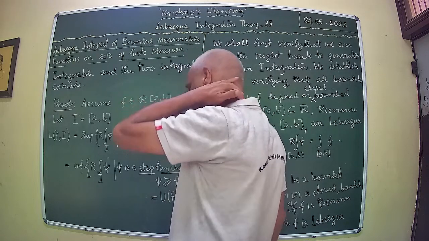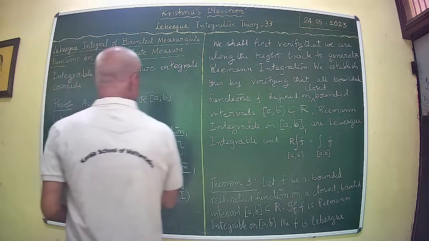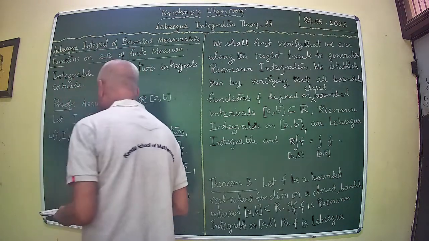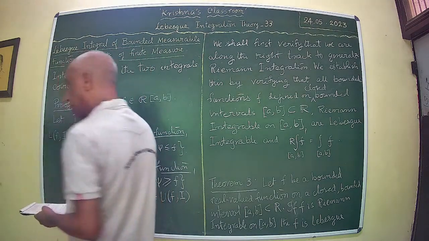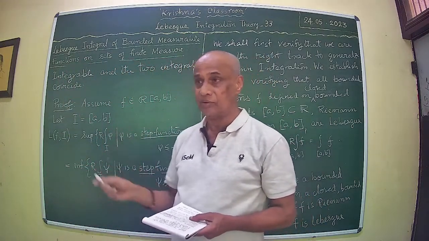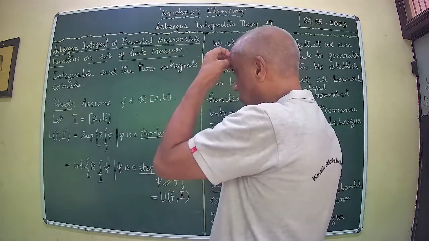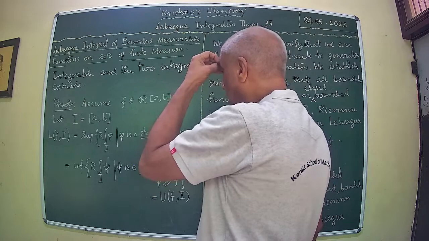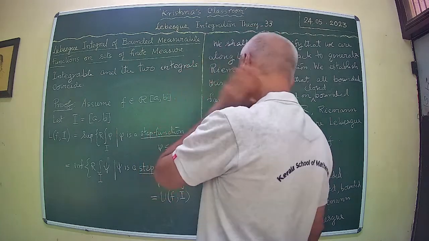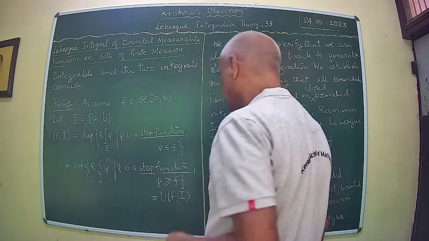Now let us make some observations. See, what we are doing is this. When we define Lebesgue integration, the supremum is taken over all simple functions, not step functions. All step functions are simple functions.